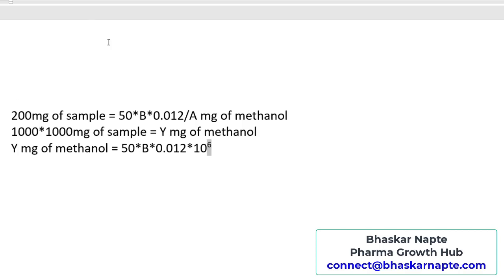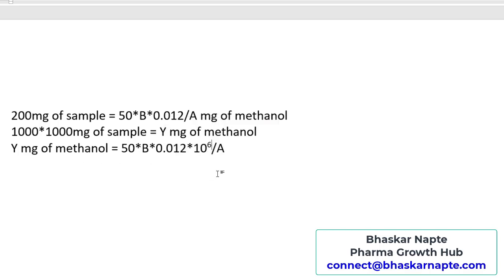Otherwise it becomes a very lengthy equation, divided by A. So Y mg of methanol is 50 into B into 0.012 into 10 raised to 6 divided by A.